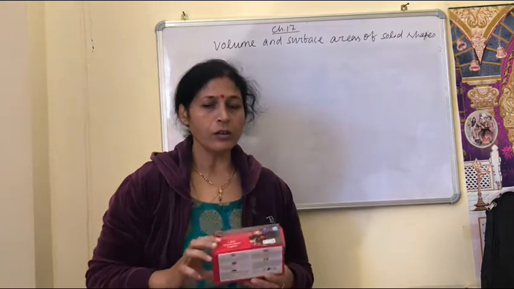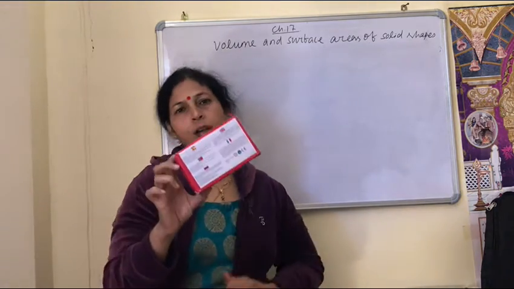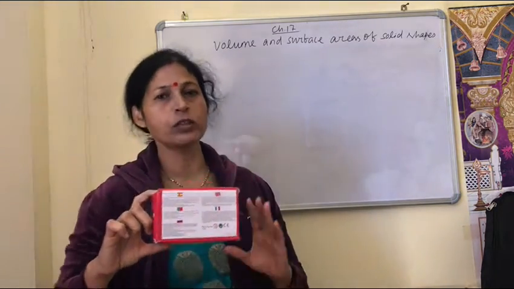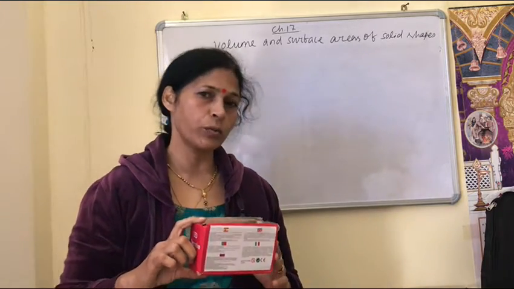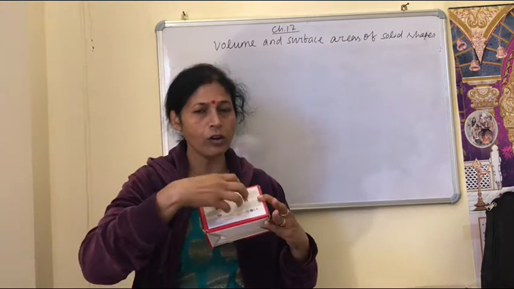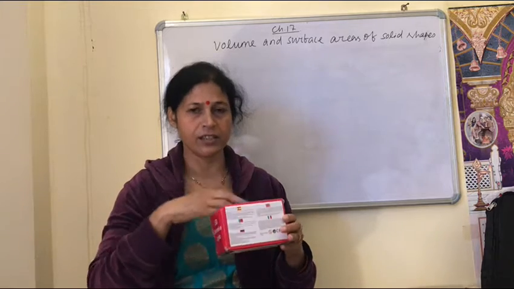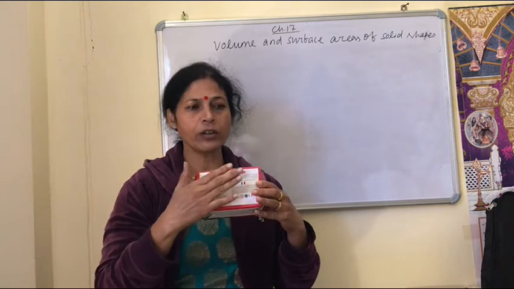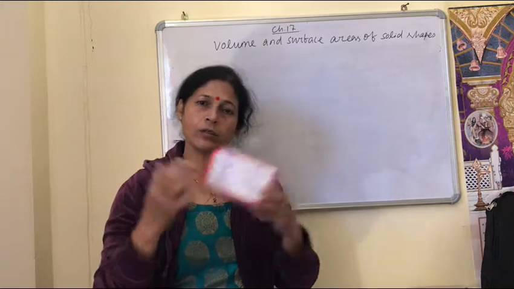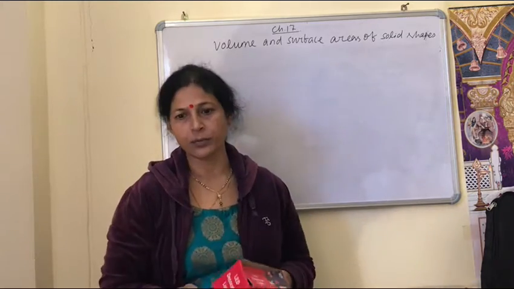So what is the total surface area of a cuboid? If you find the areas of all the faces, it has 6 faces, and then you add them, you will get the total surface area of the cuboid.